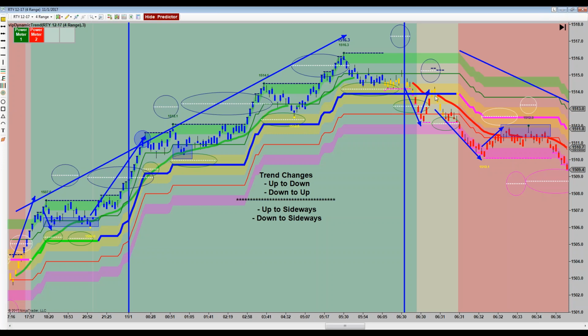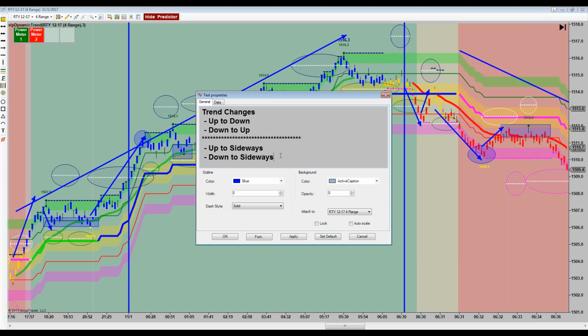We're not buying in a downtrend. We're not buying thrusts into support. We stay away from the thrust moves. Does everybody understand that? That's another important thing here. I'm going to go ahead and add that text to this because we want to always remember that.